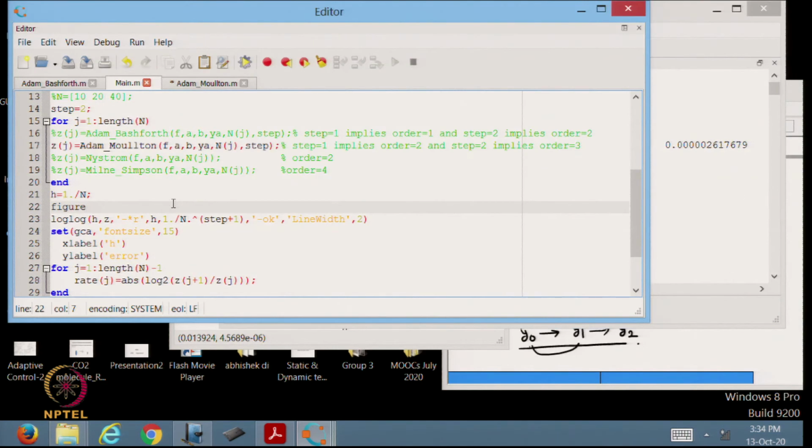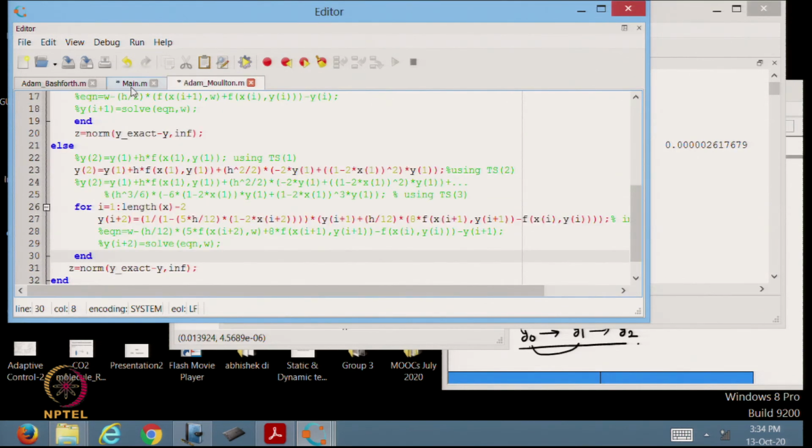Okay. Now, we are going to the third category of the method which we have learnt in previous lectures. I am commenting Adams-Bashforth, Adams-Moulton, because I am explaining all these different categories with the help of the same main program, that is why I am doing the same thing.